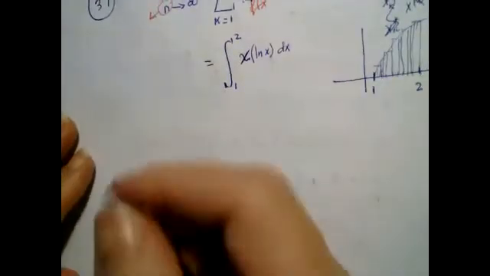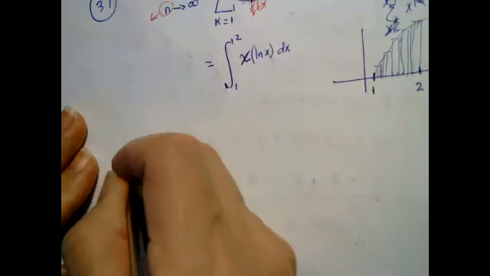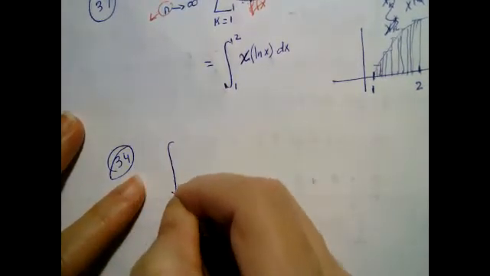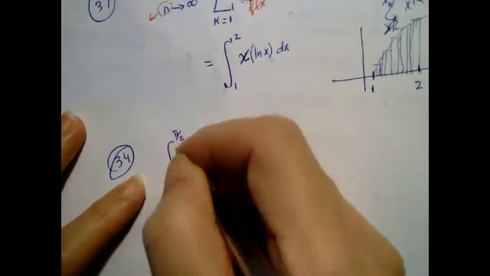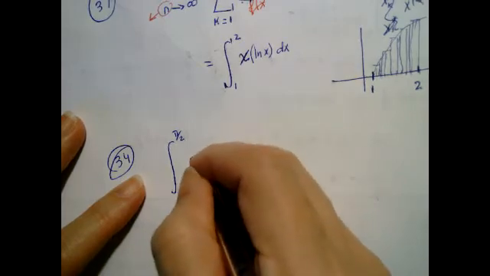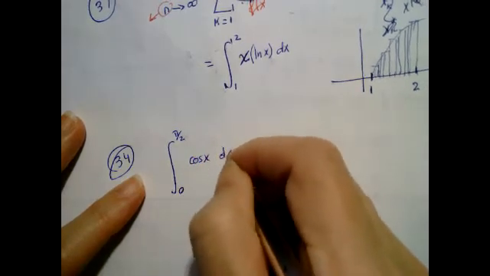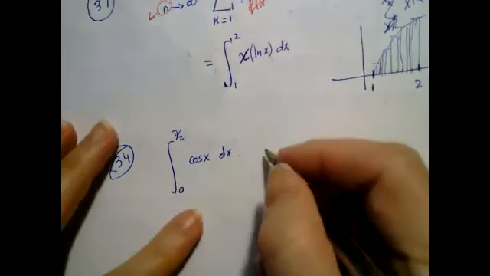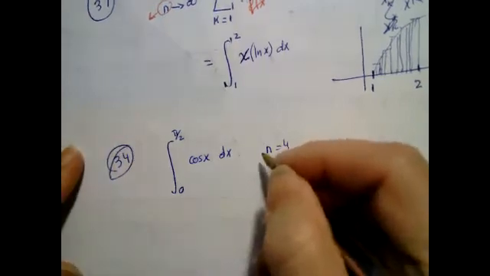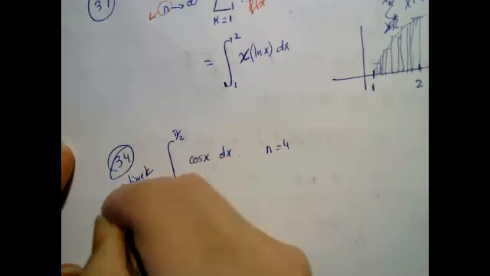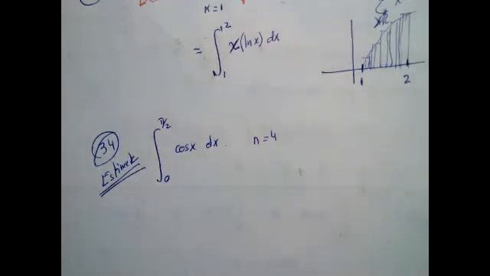Okay. And finally, I look at 34. 34 is, they're giving us the integral from 0 to pi over 2 of cosine x dx. And the question is basically, they want us to estimate this integral, use midpoint sum.